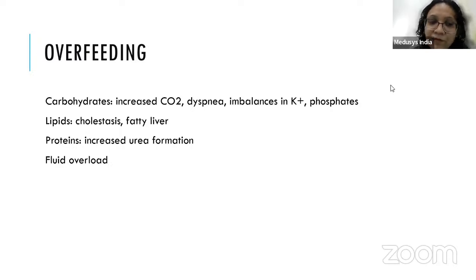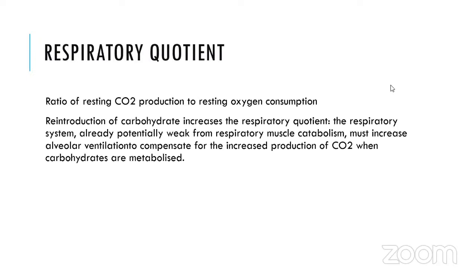So that means that when we refeed with carbohydrates, the patient has to hyperventilate to excrete more of the CO2 produced in the body. That can cause problems even in weaning. Especially this problem comes during planning for weaning, so weaning failure is seen if the patients are fed with a carbohydrate-rich diet.